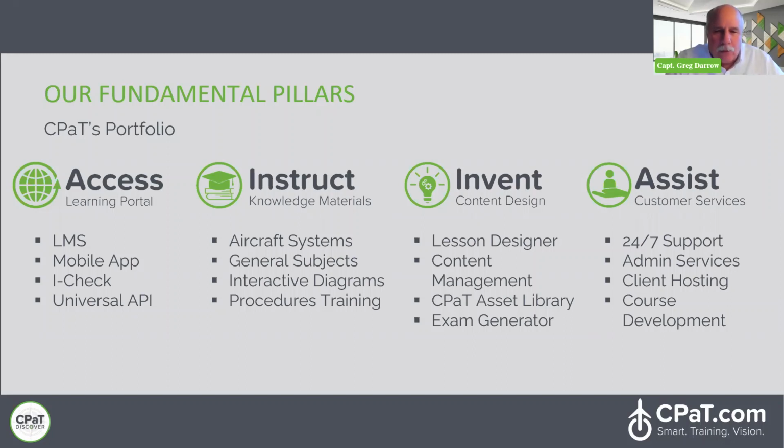Those are aircraft system courses, both initial and recurrent, and transition courses, our full library of general subjects, interactive diagrams, and our procedures training suites. Those include FMS skills trainers, 3D cockpit flow and checklist trainers, and three-dimensional exterior inspection trainers for almost every fleet that our clients have.